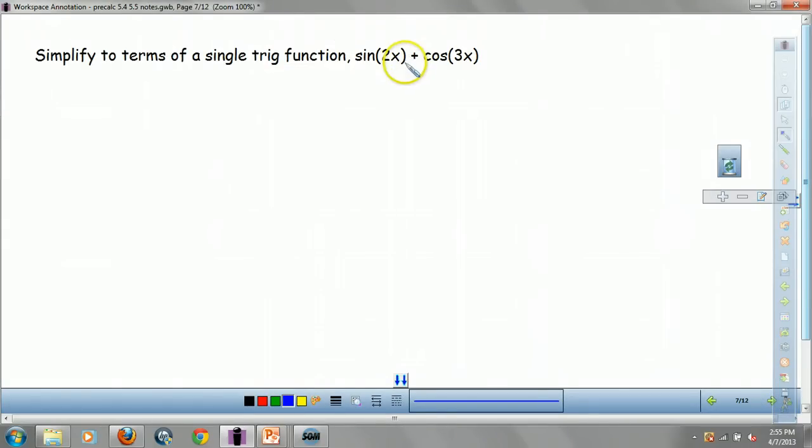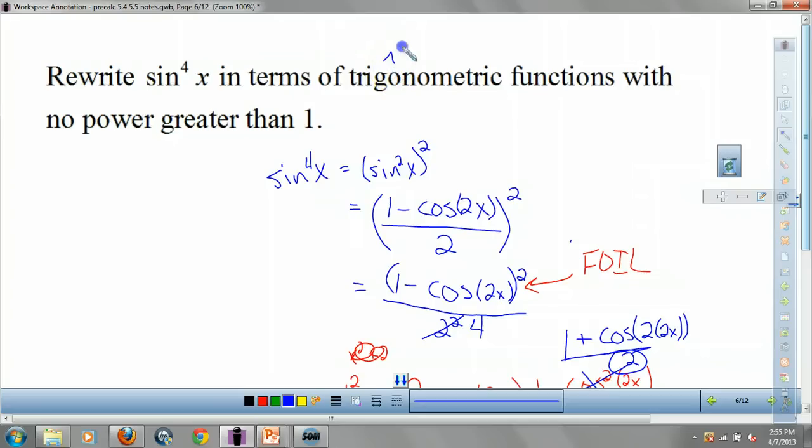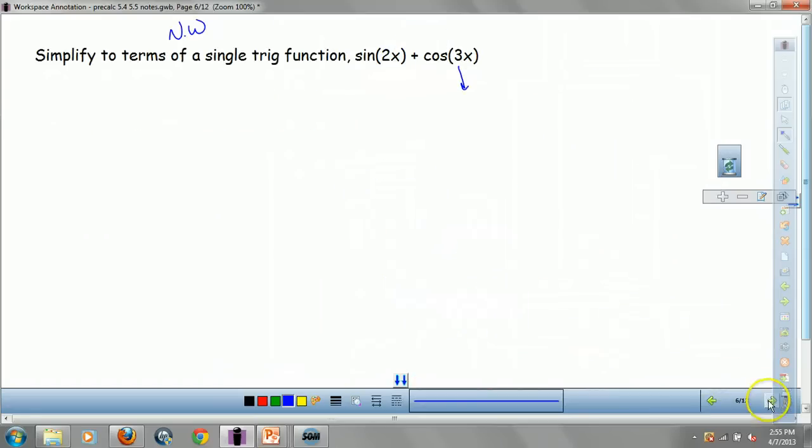Okay, let's take a look at this one. Simplify these into terms of a single trig function. So we have to convert them all to sine or cosine. Okay? First, let's take a look at the second part. Noteworthy, by the way. Can't I break down cosine of 3x into cosine of x plus 2x?